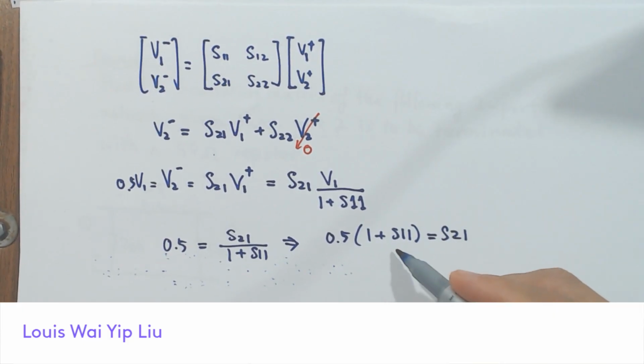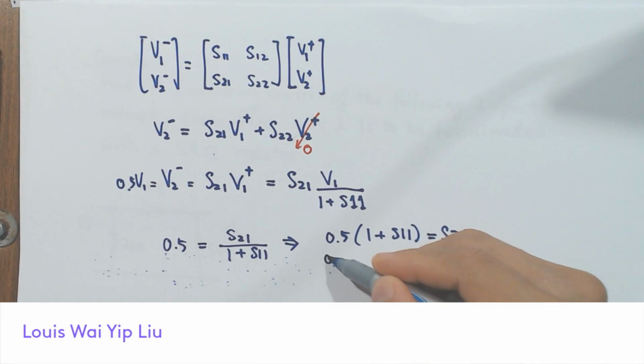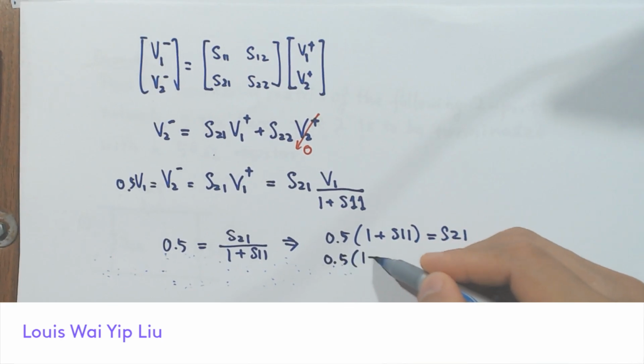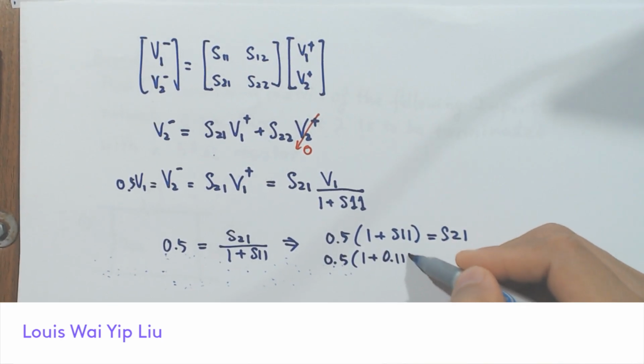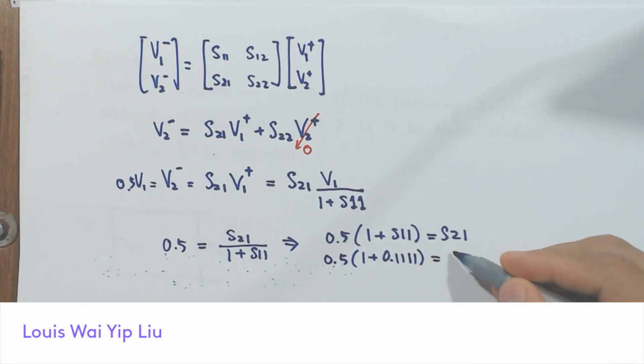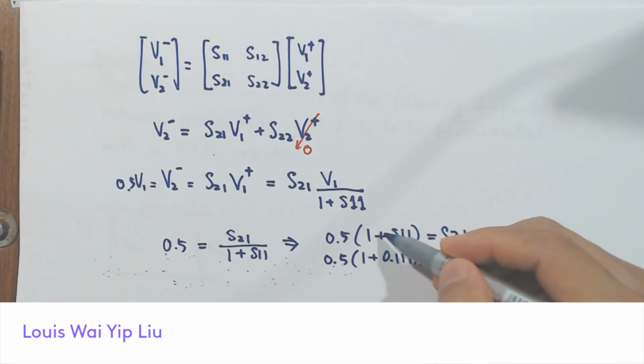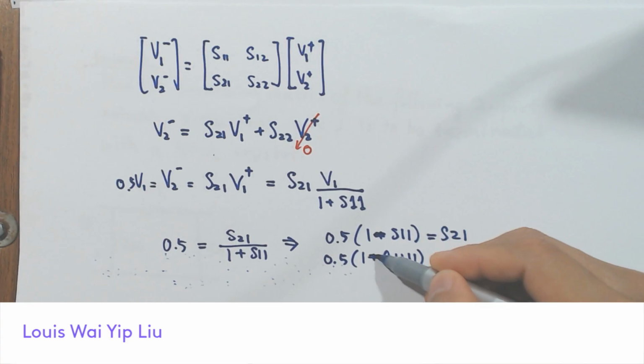And previously, we have already got S11 is equal to 0.1111, yeah? So 0.5 times 0.1111, right? Is a recurring number, S21. So from here, sorry, minus. I almost got it wrong. Minus.